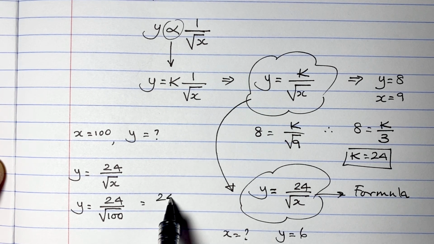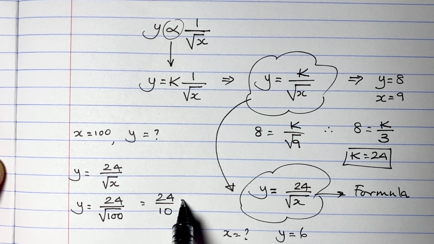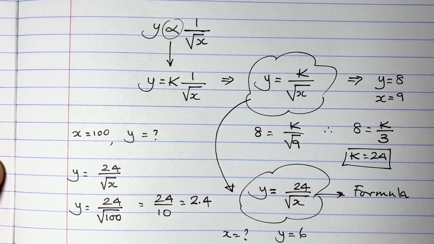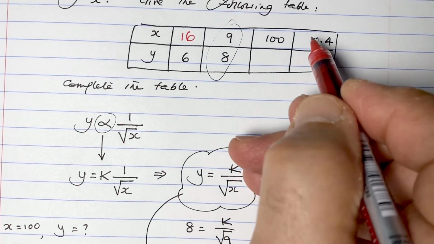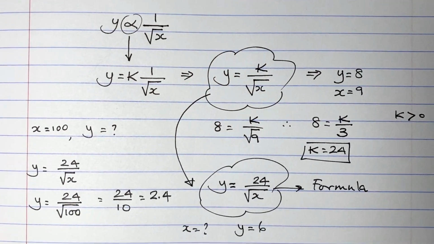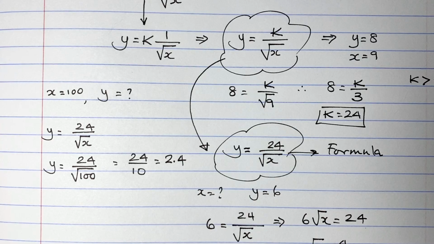So it's 24 over 10, which is 2.4. So I'm replacing this here, 2.4. Don't always expect to have a round answer.